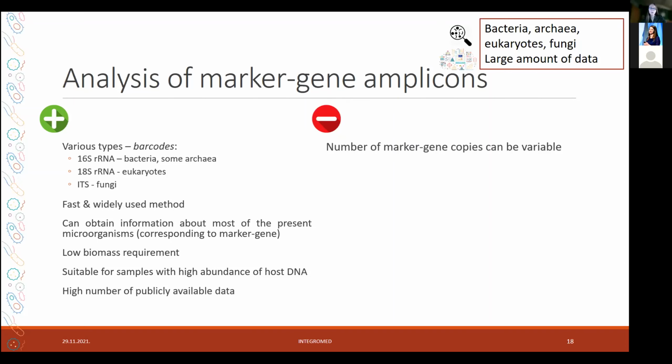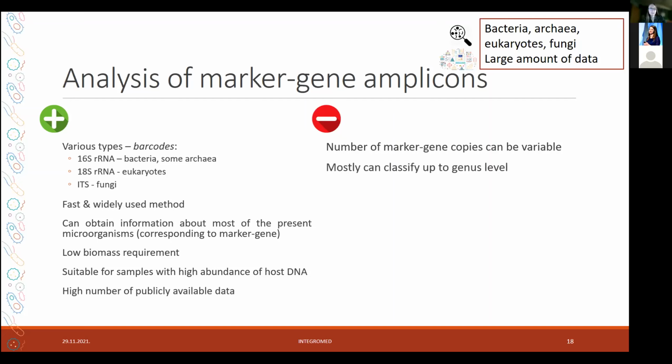If we talk about shortcomings of this method, the number of marker gene copies can be variable. Of course, we would like to expect that one bacterium or other organism has one copy of the marker gene. However, that is not true. There are some species that have multiple copies, and that could definitely impact the results and create some deviations from the truth.